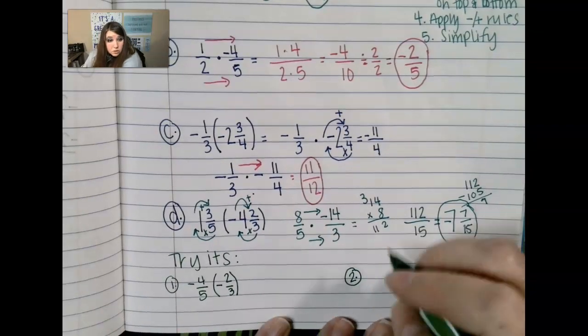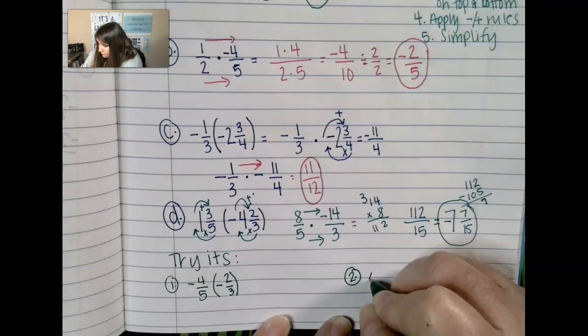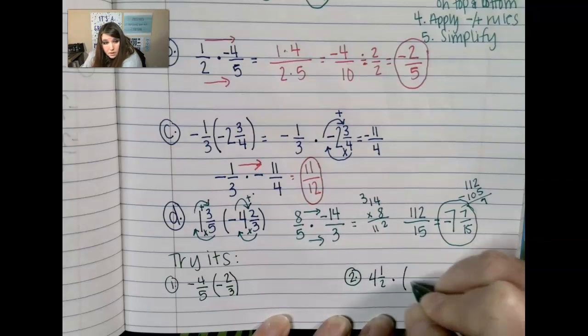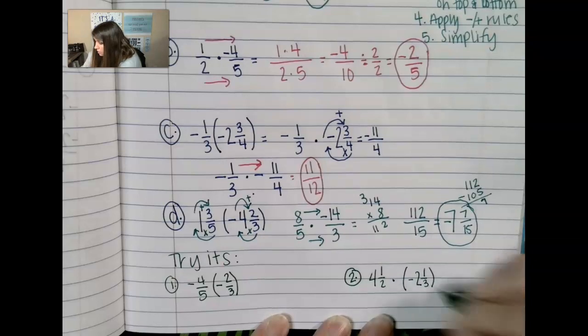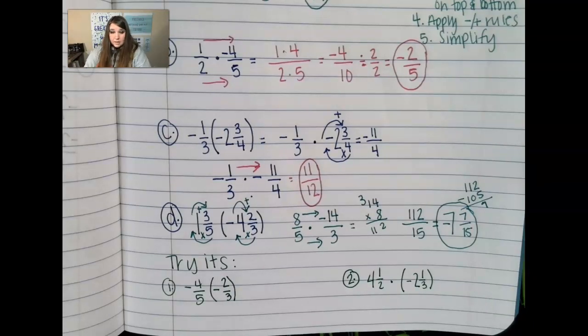This one's a big one too. Try-it number 2 says that I have 4.5 times -2 and 1/3. Okay, go ahead and hit pause right now so you don't hear me solving. And then when you are ready, come on back so you can check your understanding.